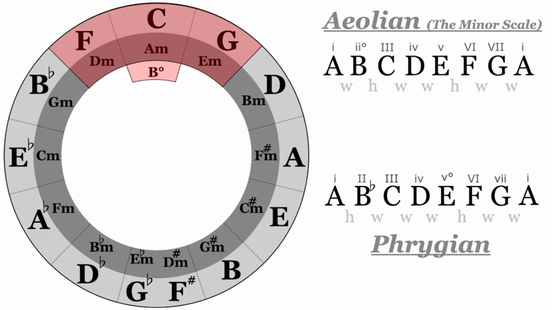Our second became a major as opposed to a diminished, so we have B flat major as opposed to B diminished. Our fifth becomes an E diminished in Phrygian as opposed to an E minor in Aeolian. And our seventh becomes a minor as opposed to a major: A minor has a G major as the seventh, A Phrygian has a G minor as the seventh.